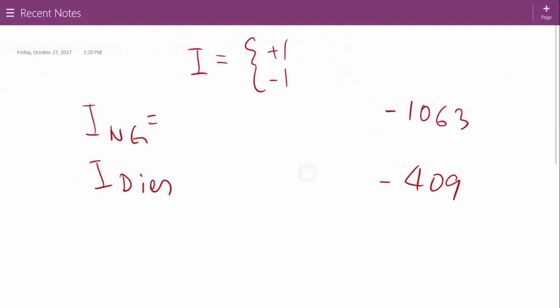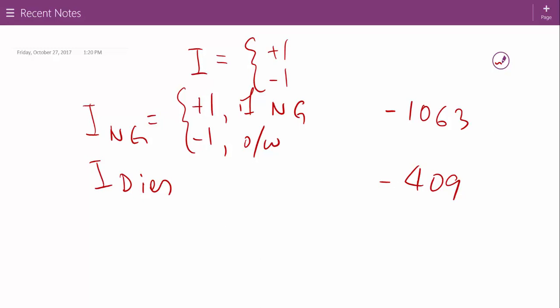Therefore it's +1 if the car is using natural gas, and -1 otherwise. And diesel, same thing: +1 if diesel, and -1 otherwise. Okay? So this way, essentially, the interpretation is a little bit different.